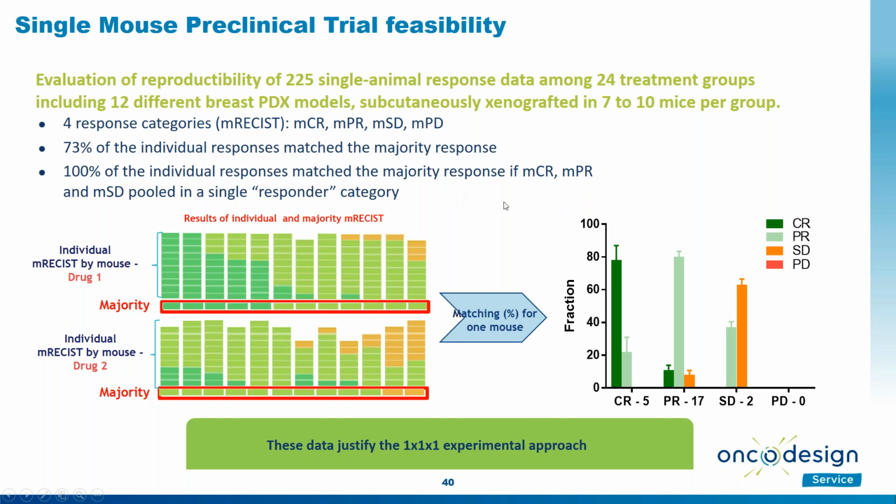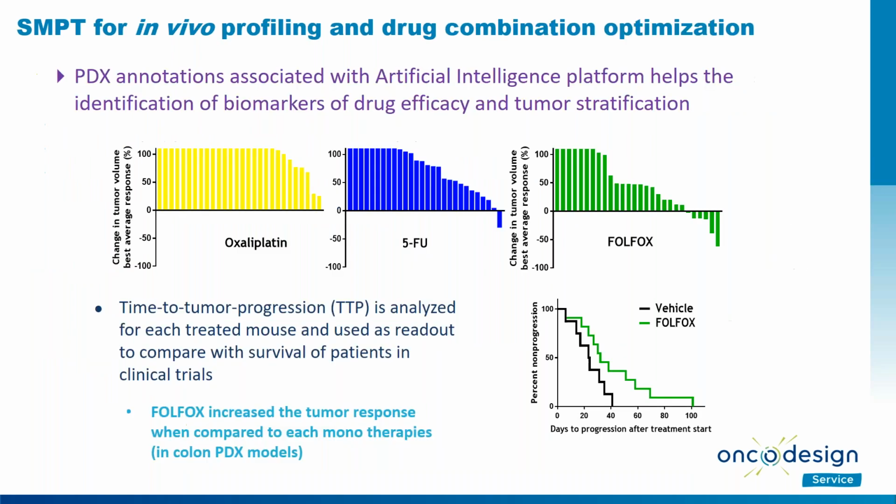This is just to exemplify and try to convince you that this type of preclinical trial is completely feasible, and it's completely feasible to use only one mouse and to test several models in parallel in the same study and to screen the efficacy of the drug in many models in parallel.